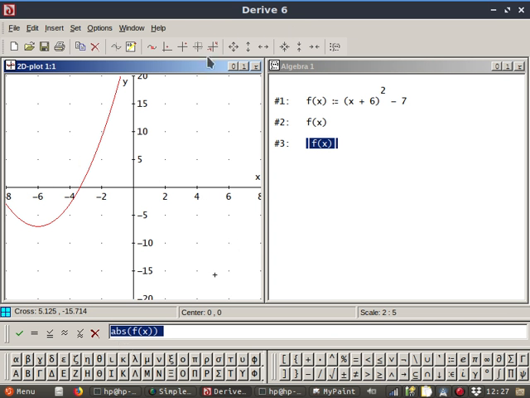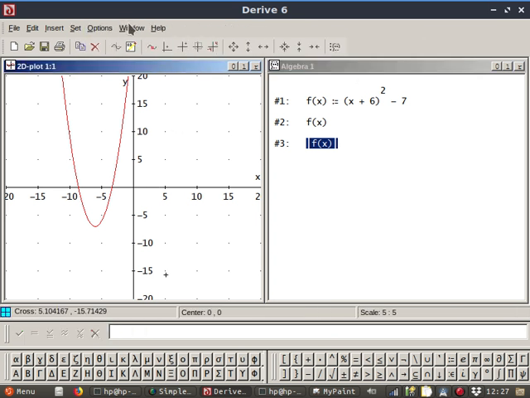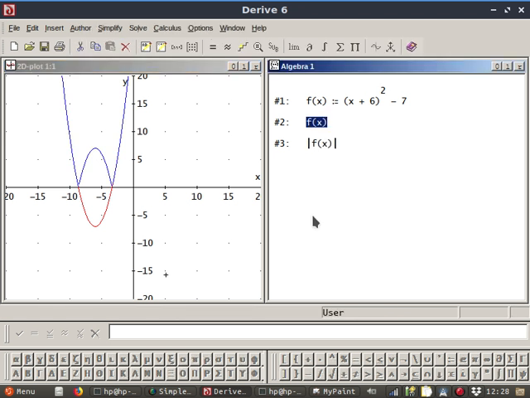What would happen to the graph? Before I draw it, what do you think? It will look like a W. What will happen is the negative part will be reflected up into the blue. But what about if I do this?